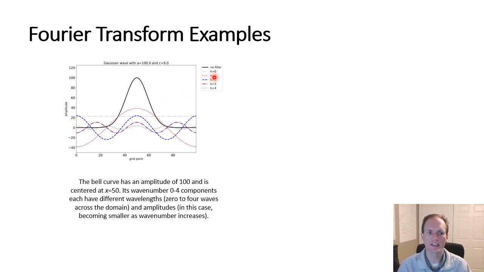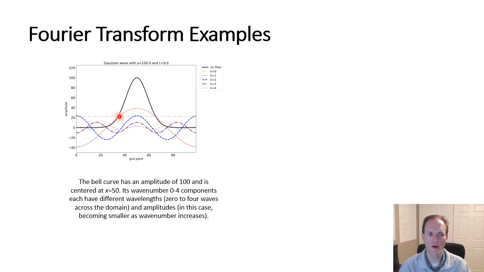So what I have depicted here in the gray, red, blue, purple, and then the darker gray dotted lines is the output from doing that, but only keeping wave number 0, so no ridge or trough across the entirety of the globe. Wave number 1, 1 ridge and trough across the globe. 2, 3, and 4: 2 ridges and troughs, 3, 4 ridges and troughs across the globe. And those are what are plotted here.